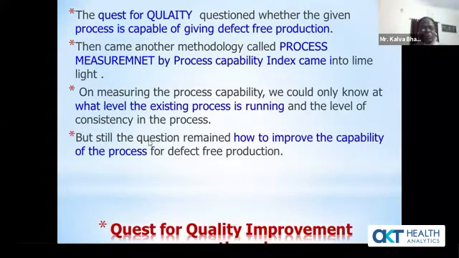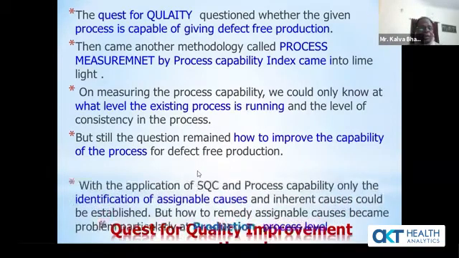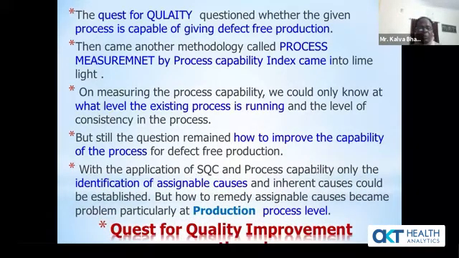But still, the question remained how to improve the process capability for defect-free production. With the application of SQC and process capability, only the identification of assignable causes and inherent causes could be established. But how to remedy the assignable causes became a problem, particularly at production process.